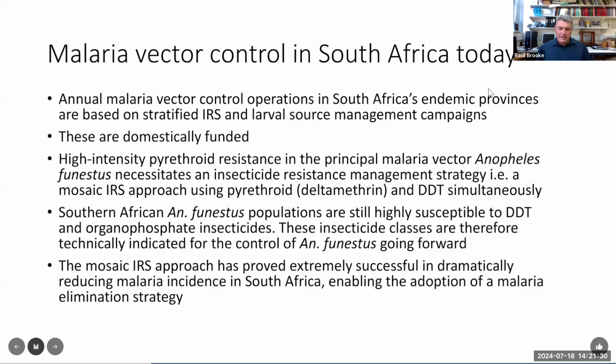So they are technically indicated for controlling this mosquito. This mosaic approach has proved extremely successful for us in reducing malaria incidence in South Africa, and that's what's enabled us to adopt a strategy of malaria elimination. We are, as I'm sure Chadwick will tell you, one of the frontline countries in the Southern African region for elimination going forward. Next slide, please.